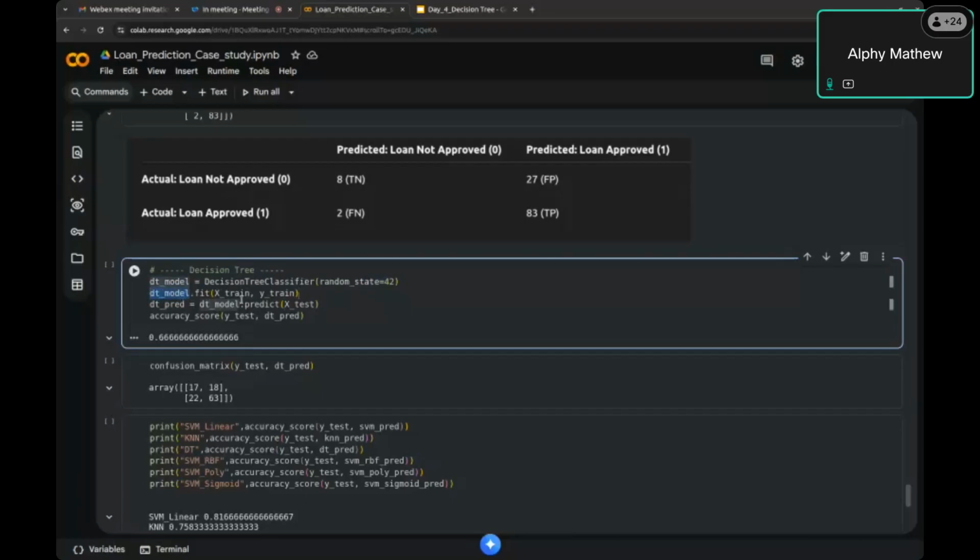To that tree we will give our x test to predict values, and the predicted values of our model will be stored in DT underscore pred. And we will give the final correct answers and our predicted answers to the accuracy score, and we can see that it is very poor, that is 0.66 something, compared to other algorithms we have seen.